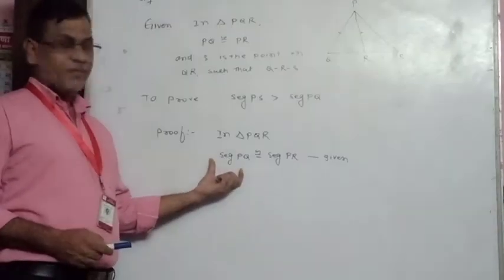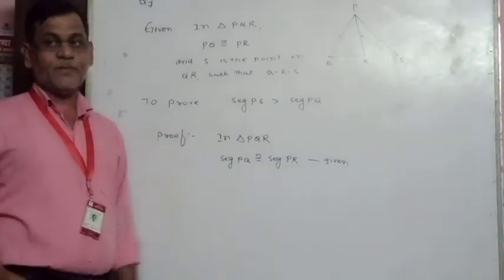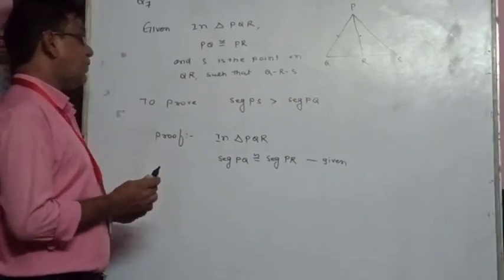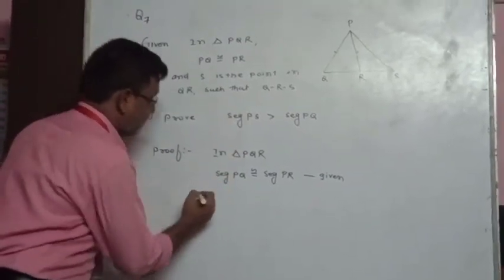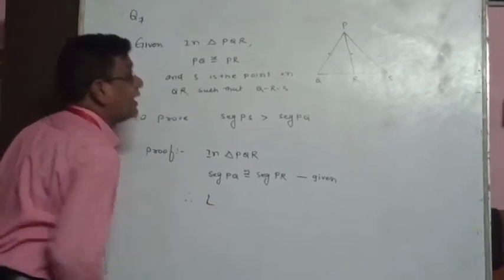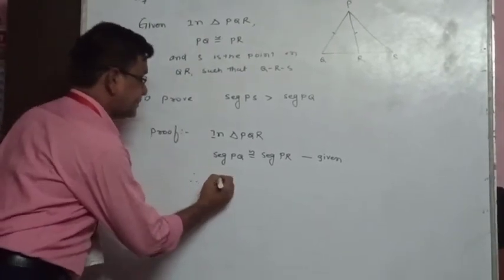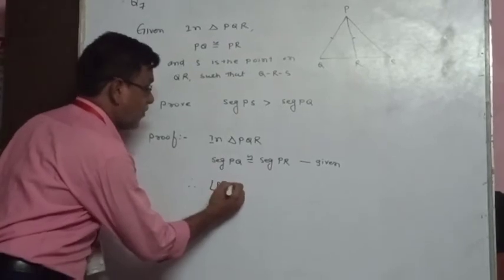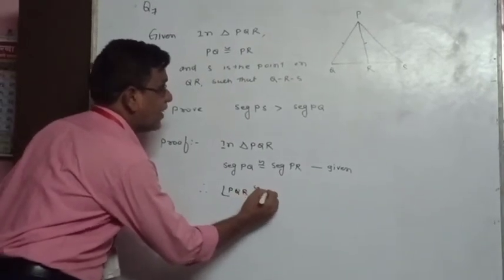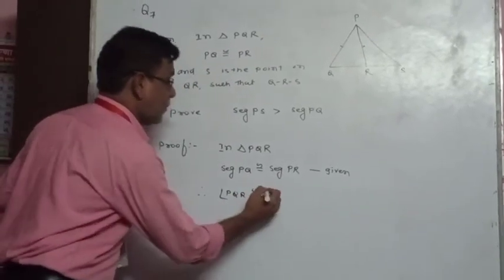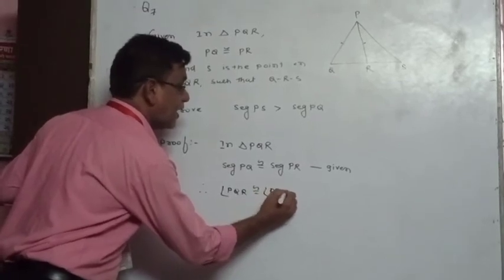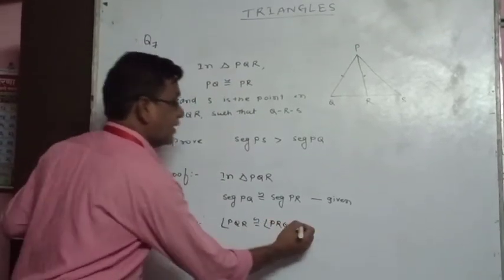Now segment PQ is congruent to segment PR. Therefore you can say that angle PQR is congruent to angle PRQ. Okay. Why?